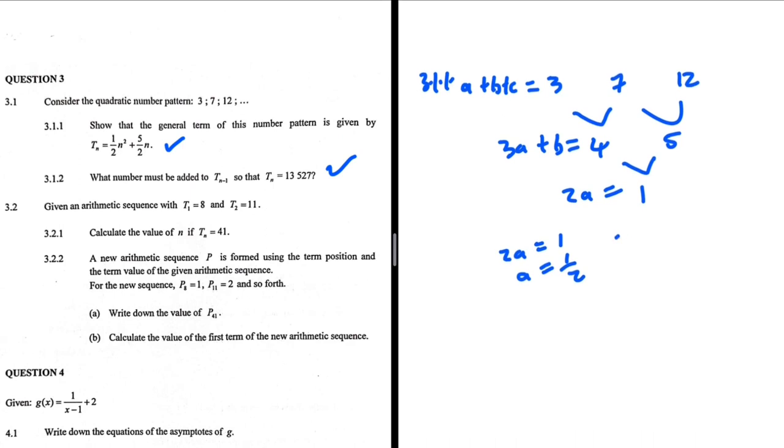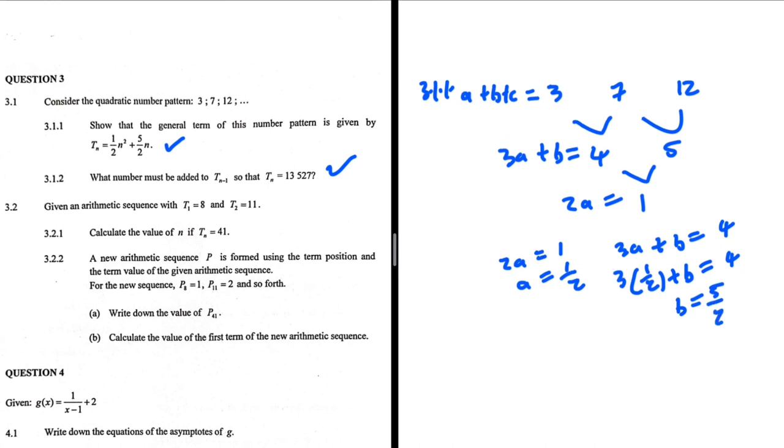And then 3a plus b is equal to 4. We know now that a is a half, so b is equal to 4 minus 1.5, which is 2.5, or 5 over 2.